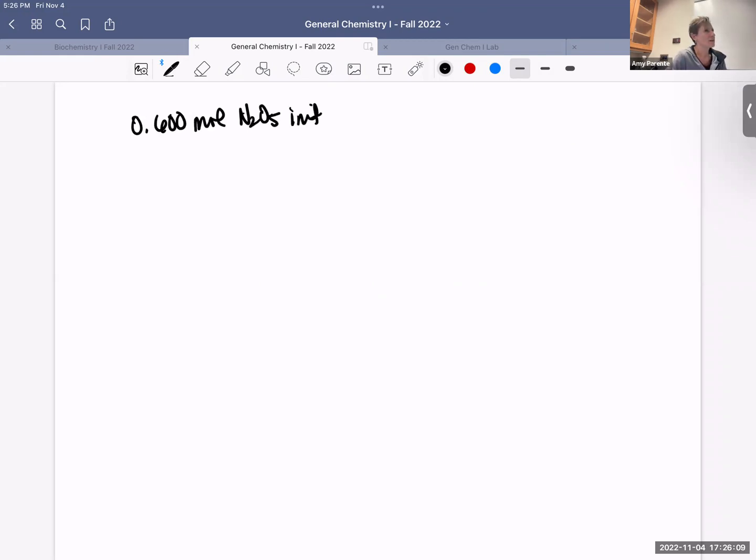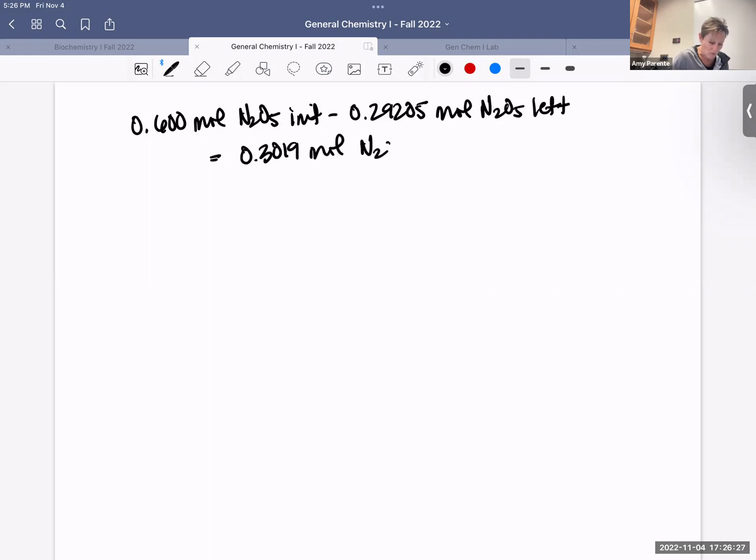You see where that came from? So I'm going to subtract the 0.29205 moles of N2O5 that are left. And that tells me that I had 0.3019 moles of N2O5 that are used.